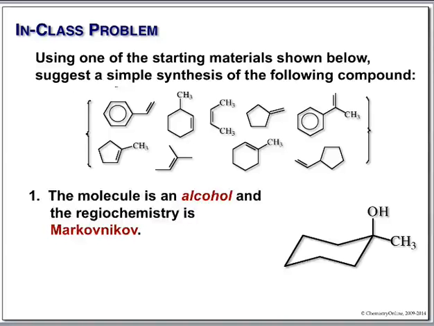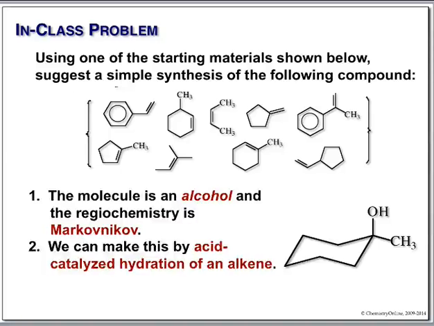We need to find a 6-membered ring we can work with, right? Up top, we have 6-membered rings here and here. Which of these do you want to choose?